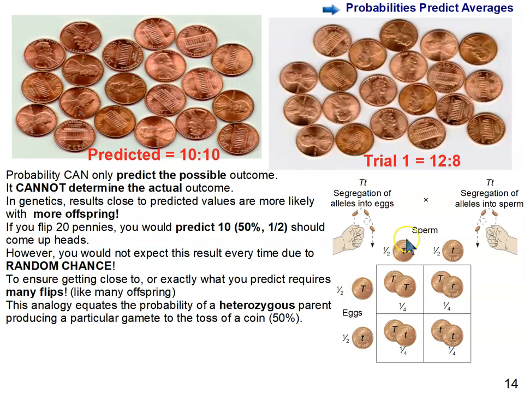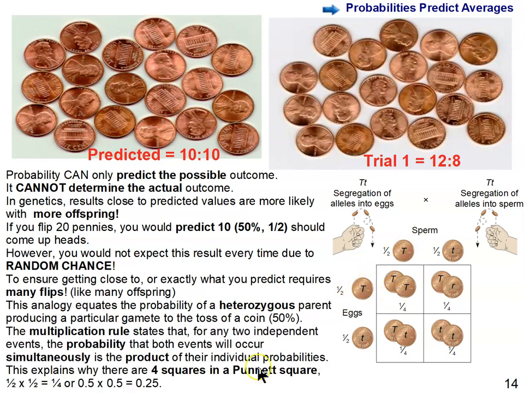And so there's this concept in probability theory known as the multiplication rule, which states that for any two independent events, like flipping a coin, where one coin is an independent event, the probability that both events will occur simultaneously, in other words, when you flip two coins, the chance of them both coming up heads, like we see here, is the product of their individual probabilities.